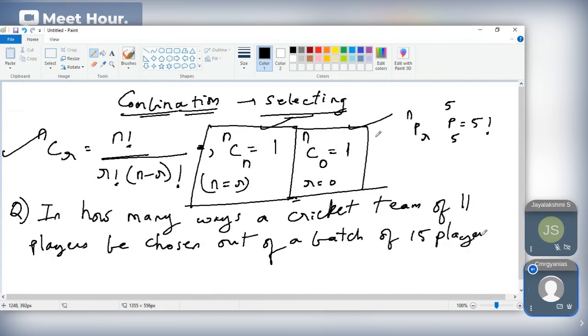So here see, the question is about selection, choosing. So how do I select 11 players out of 15 players? So try to solve this.